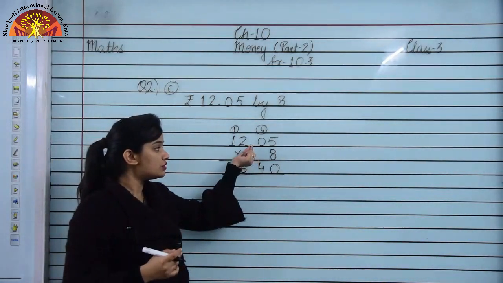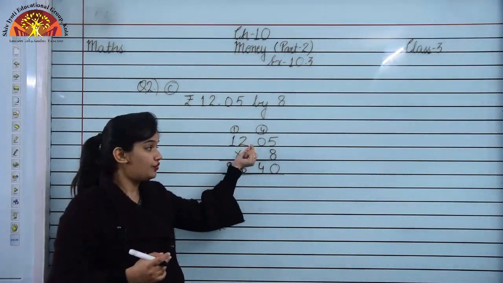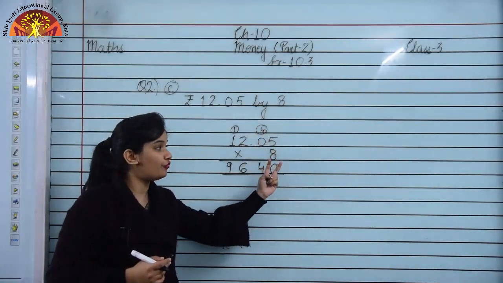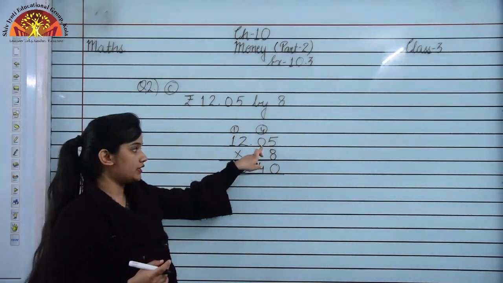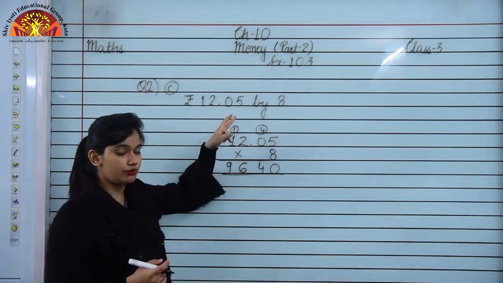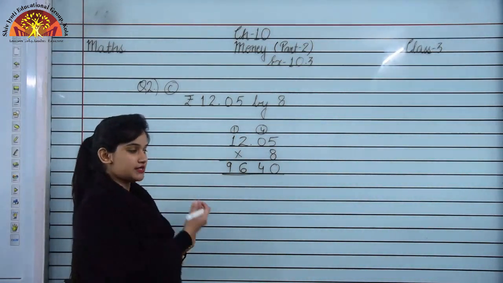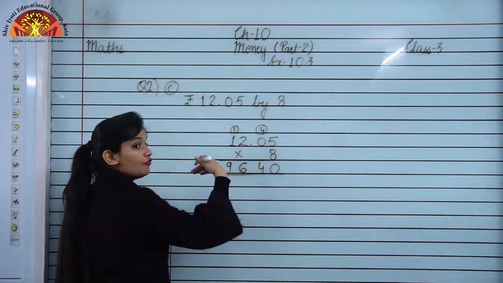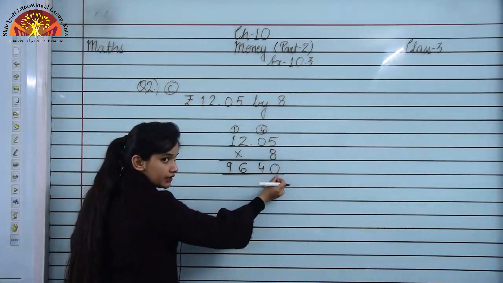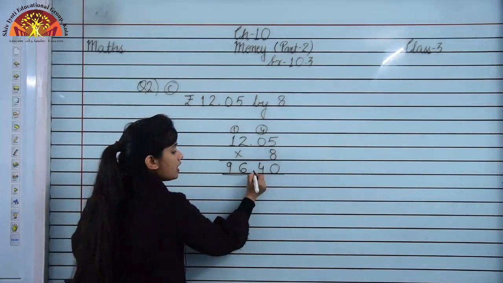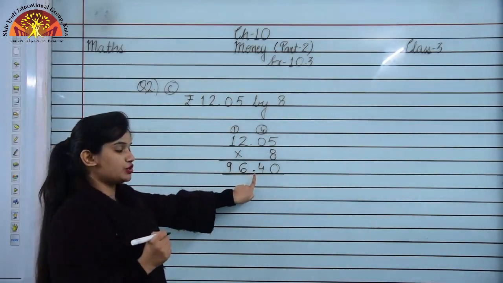Now we have to see this point. We can see this point is coming before 2 digits, 1, 2. In this question, this point is coming before 2 digits. So in the answer also we have to put this point before 2 digits. Let me count the digits from one side: 1, 2, and after 2 digits I will put a point here.